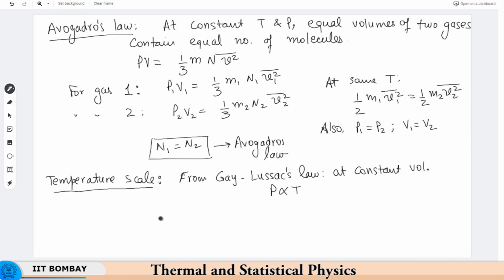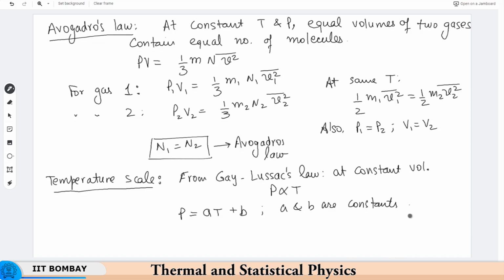So, let us see how do we do that, right. So, we can write this equation in general as follows. So, this can be written as P equals AT plus B, where A and B are constants. And what are these A and B?